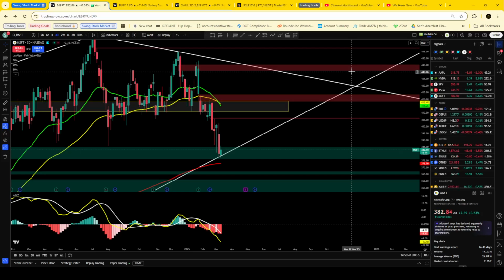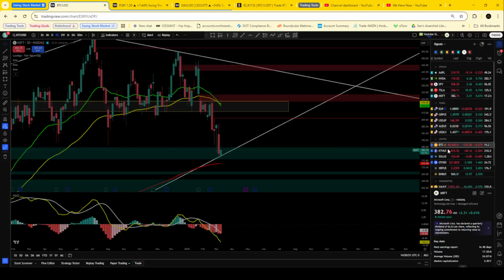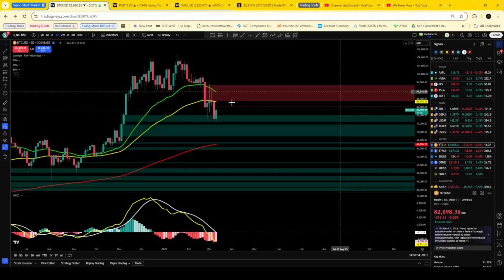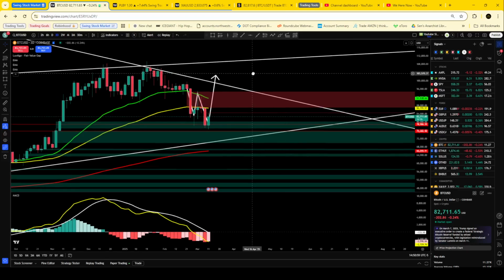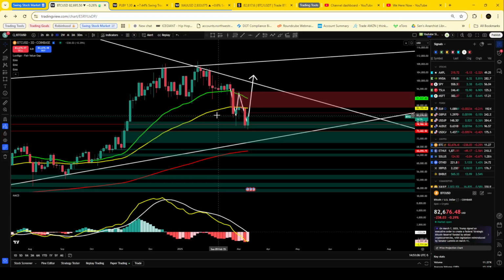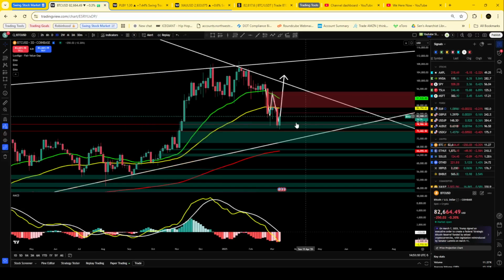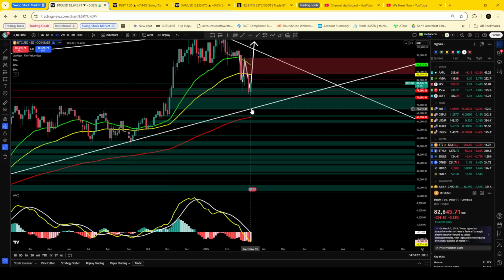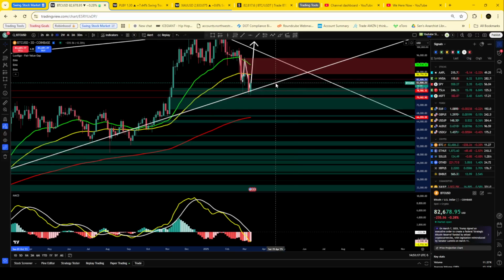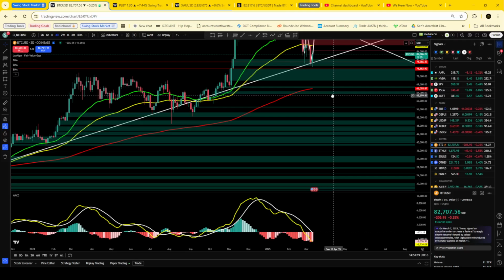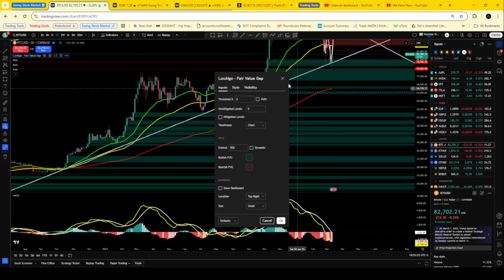Now on to crypto. Of course, top dog: we've got Bitcoin. Bitcoin looking good. I've already put a double bottom pattern here; that's what I'm expecting. This is on the 3 day. I wonder why this is up here like this. This is all wrong.